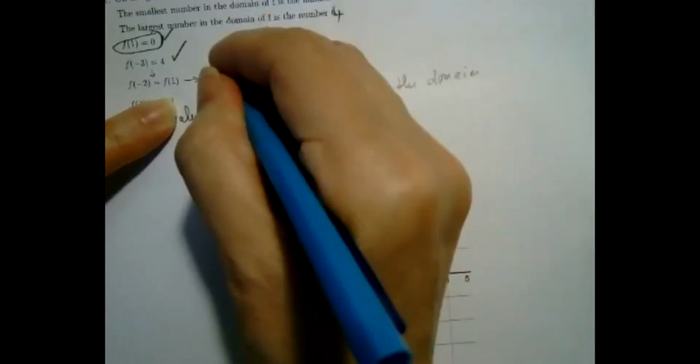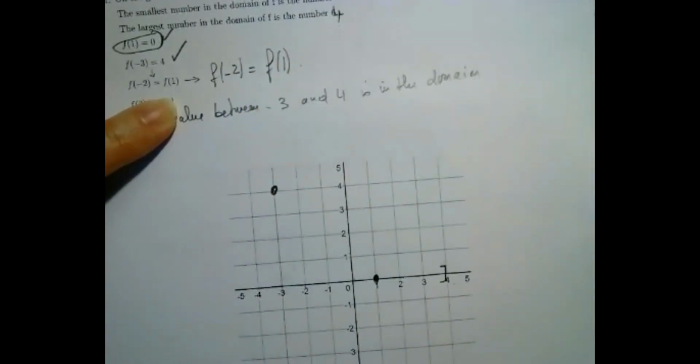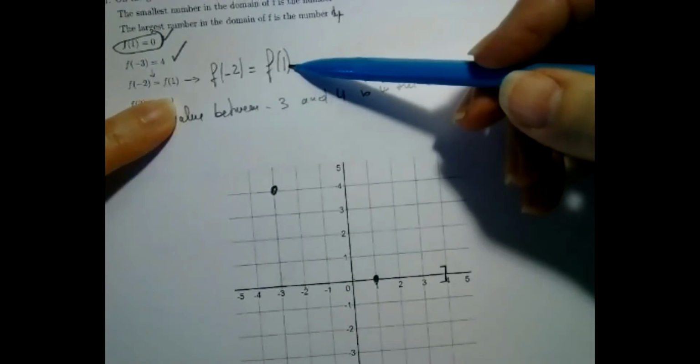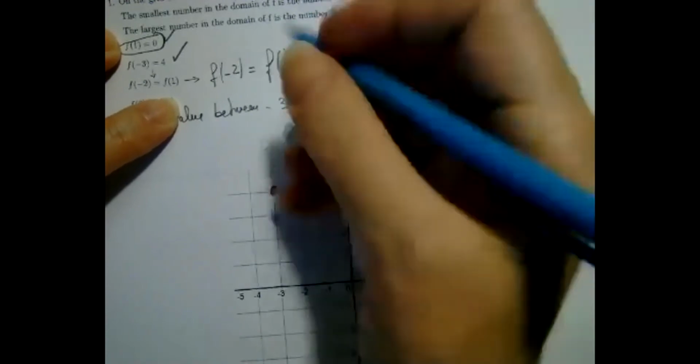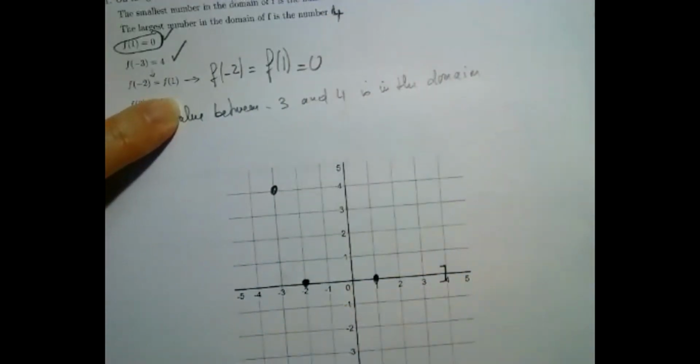So the output at -2 is the same as the output at 1. What is the output at 1? 0. So this should be 0. Okay, right. So I am right here.